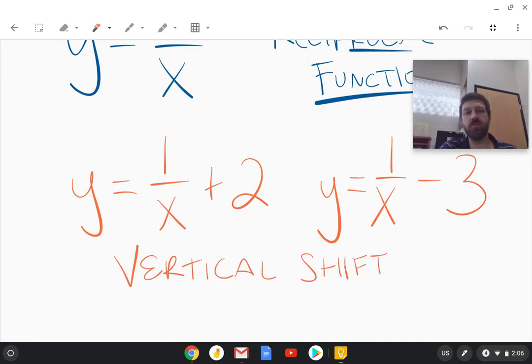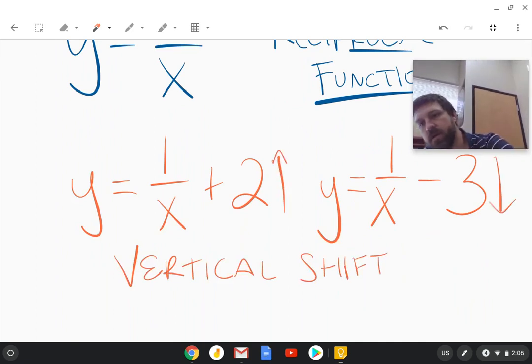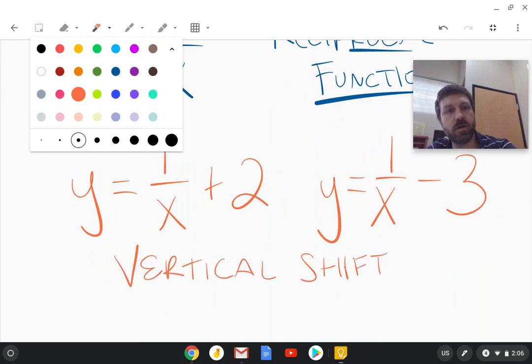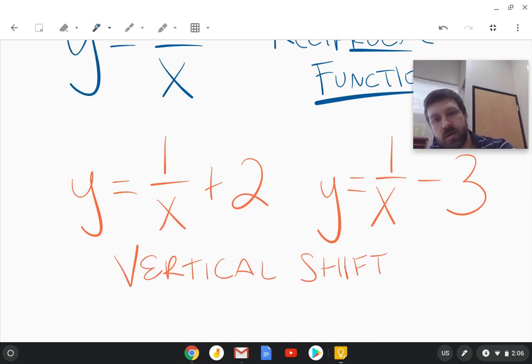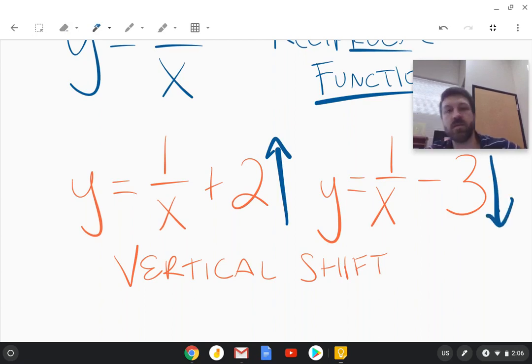So when we add or subtract, adding is going to mean that the graph moves up. Subtracting is going to mean that the graph moves down. Let me change the color of that so it's a little more clear what's happening. So again, this is a downward shift. Oh, wow, that's wrong. This is an upward shift, Mr. Matthews. And this is a downward shift right there.